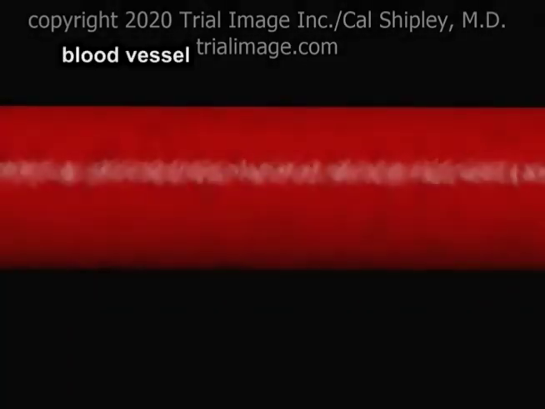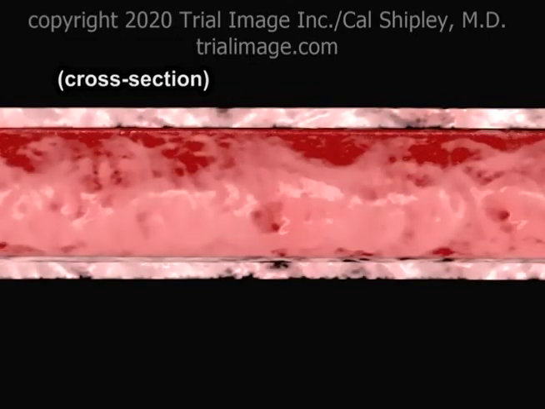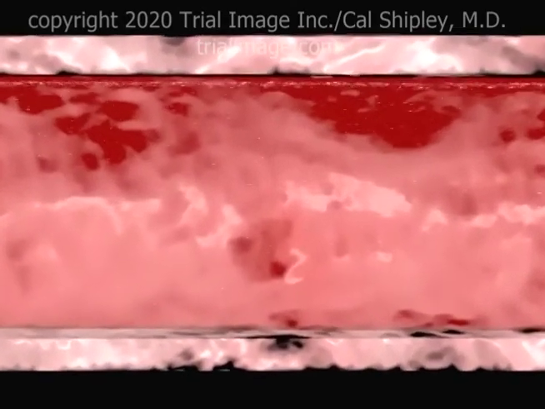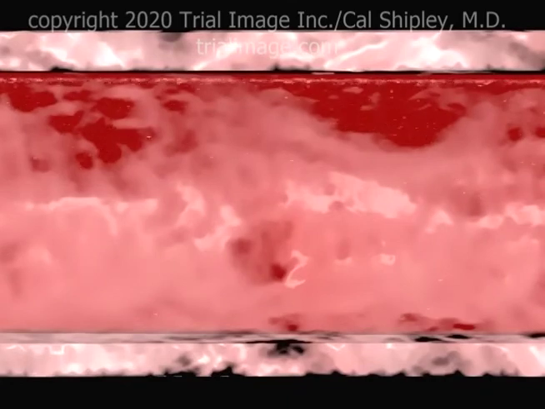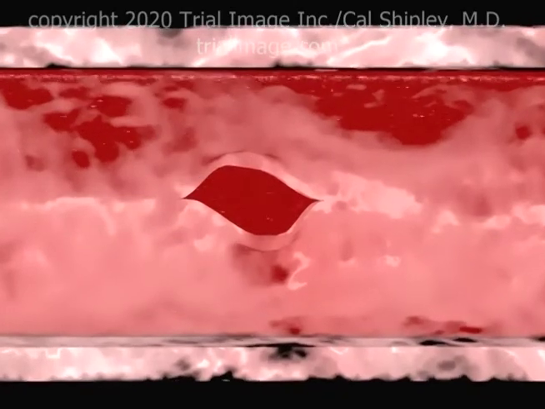Now let's look at how heparin works as an anticoagulant. In order to better understand how heparin works, let's do a quick review of the process of blood coagulation in the human body. Under normal circumstances, initiation of coagulation is triggered by injury to the wall of a blood vessel.